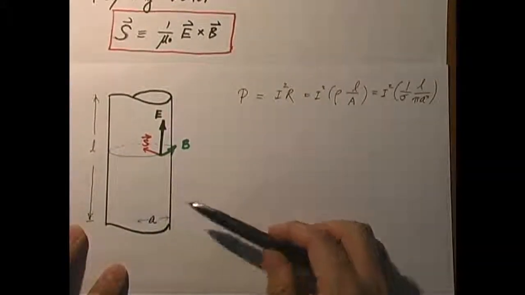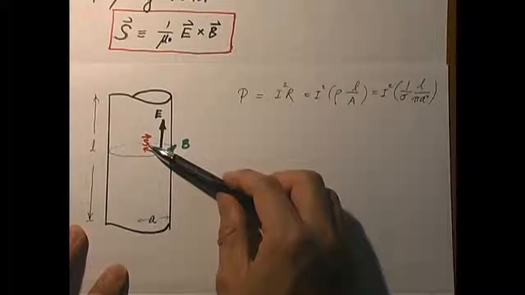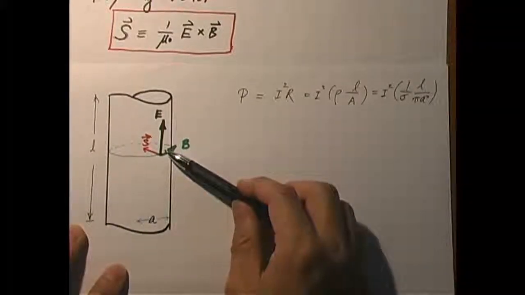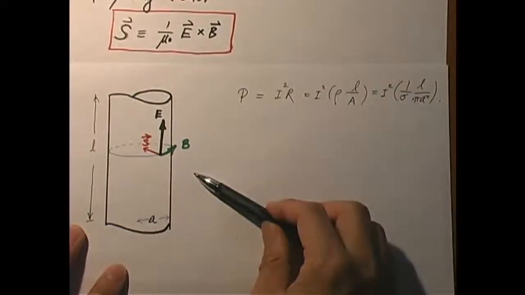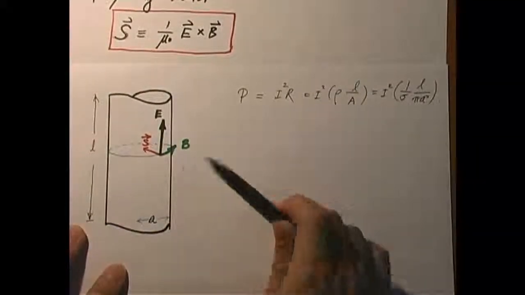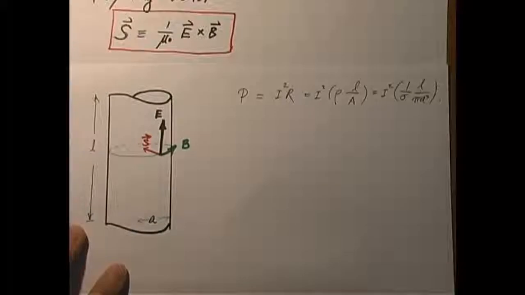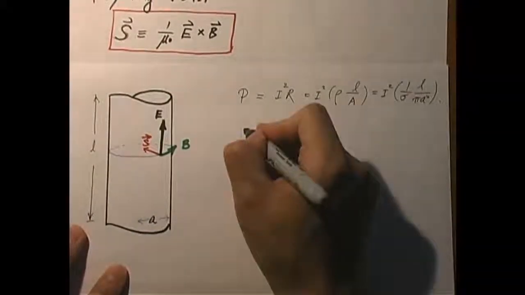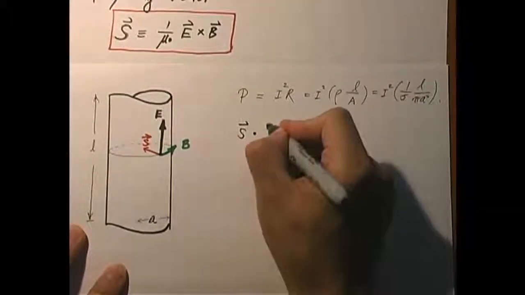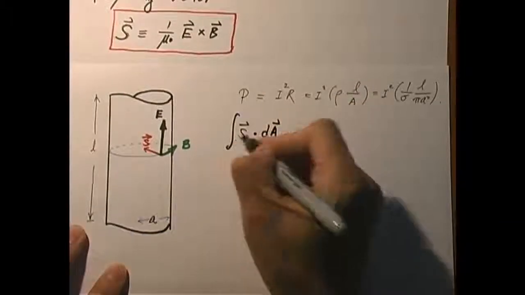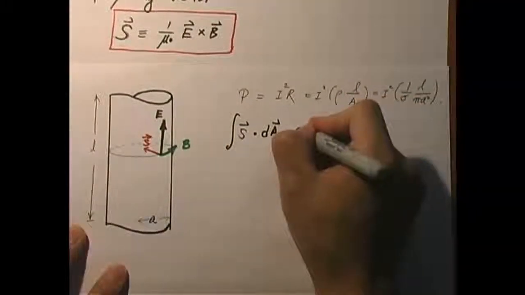That is the rate at which energy flows in electromagnetic form. It should cancel with the rate at which thermal energy flows out of the wire radially outwards. In other words, I suspect from conservation of energy that if you integrate S dot dA over the entire side area, you should get that P.